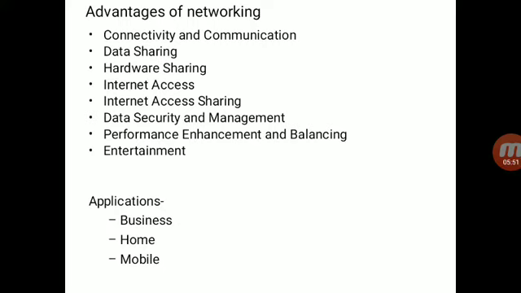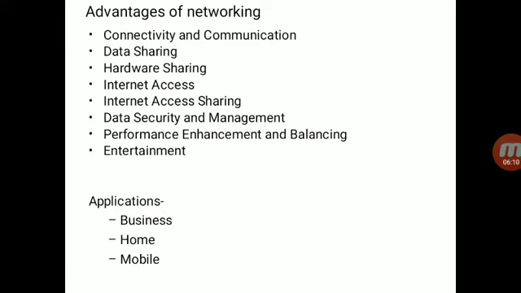This is called peripheral sharing or hardware sharing. As well, you can share data which is available on your server. You can share and use that server data, so you can save the hardware cost as well as data cost.